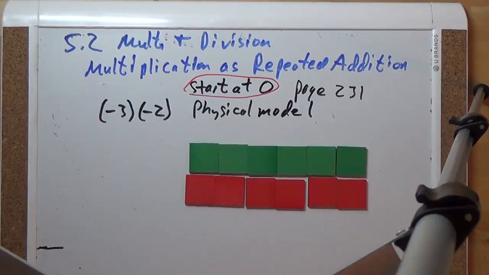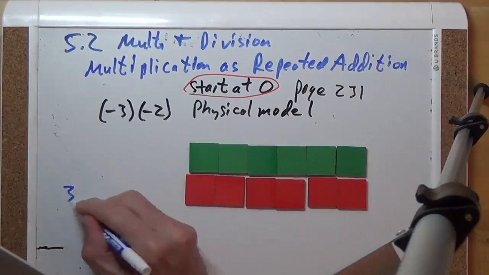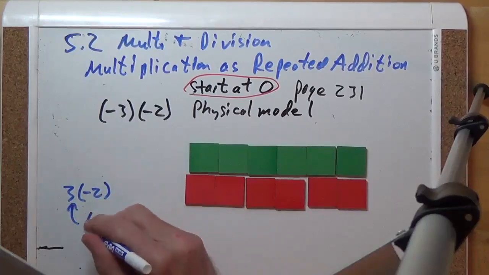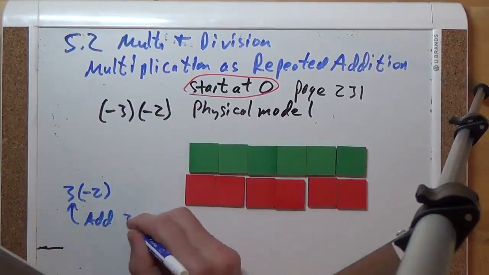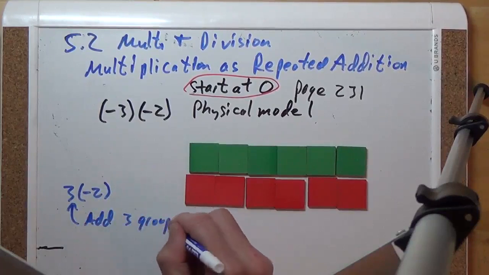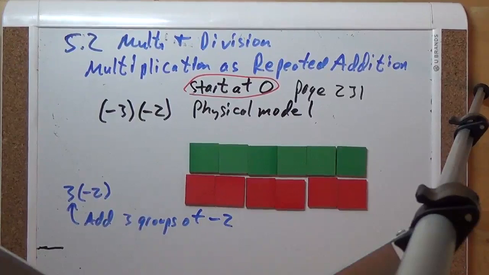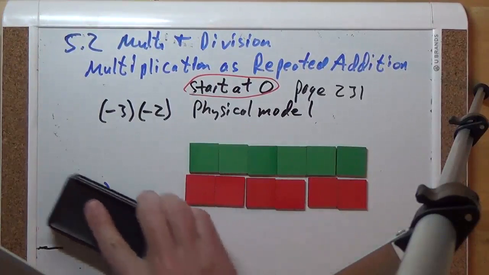Okay, now here's what we do. When we did 3 times negative 2, we interpreted that 3 as add 3 groups of negative 2. Now we're going to make a new interpretation. This is the key to this.